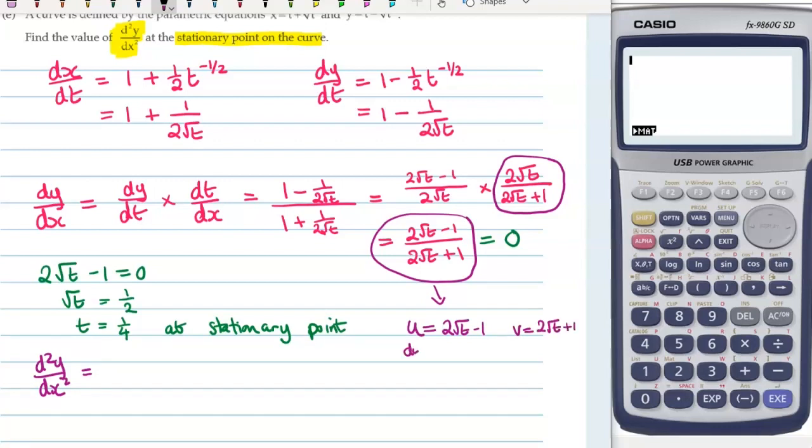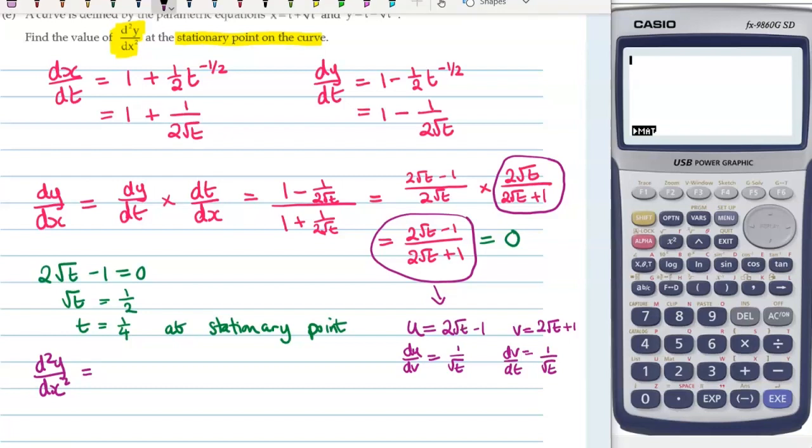So if we just differentiate each of those to make it a little easier when we put it together, 2 root t is 2t to the half, so du by dt is going to be t to the minus a half, and dv by dt, same thing actually, we're going to have t to the minus a half here. Now t to the minus a half is 1 over root t. It's probably going to be easier to have it in that form there.